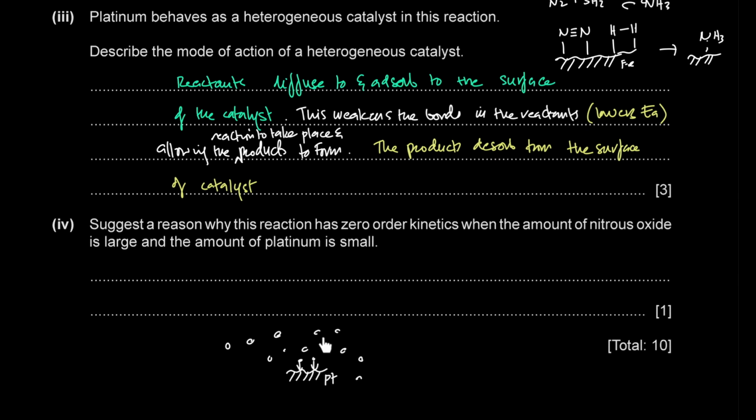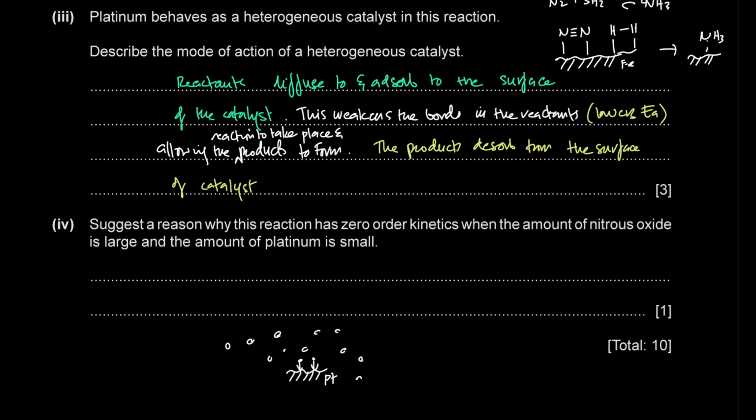So even if we increase the amount of nitrous oxide, it won't have any effect on the rate. Or even if we decrease it, it won't have any effect on the rate because there's still going to be more than enough for the platinum to work at full capacity. On the other hand, if we change the amount of platinum, it will affect the rate. We don't have enough platinum for this reaction, which means that the platinum is working at full capacity. The sites at which adsorption takes place are referred to as the active sites.